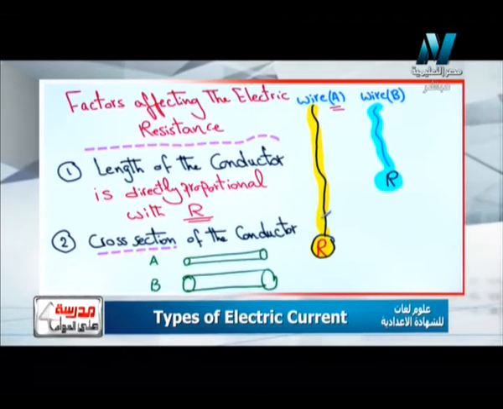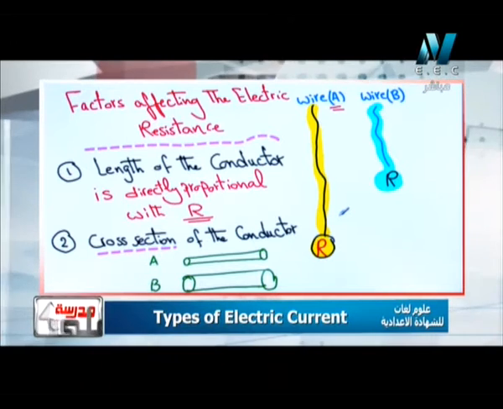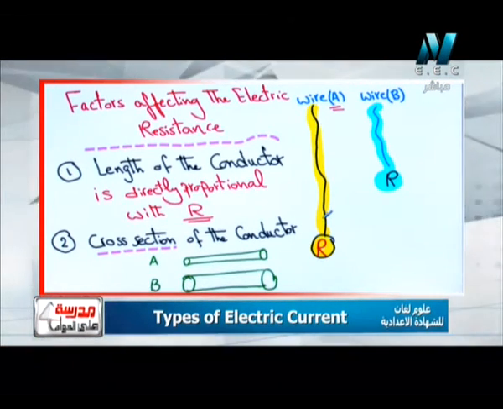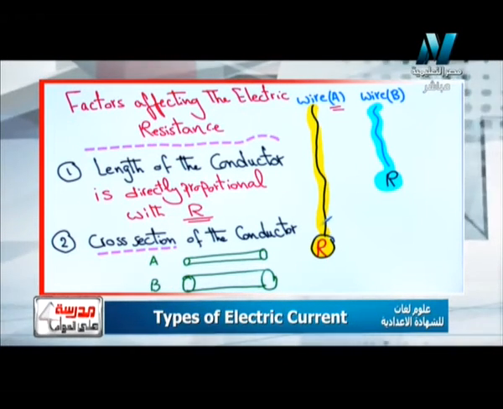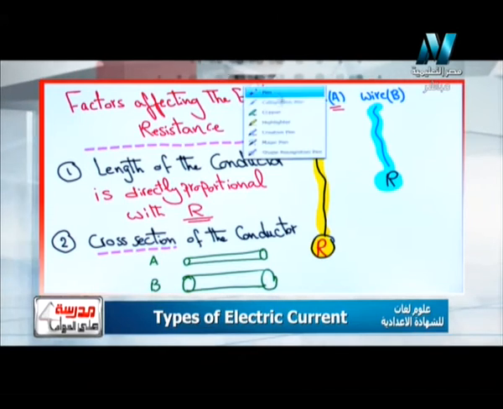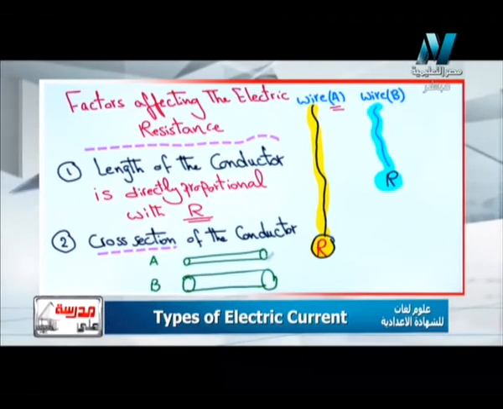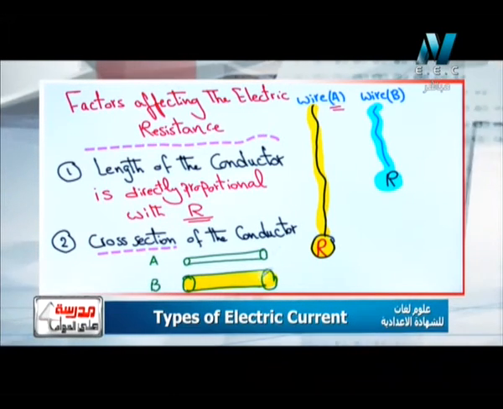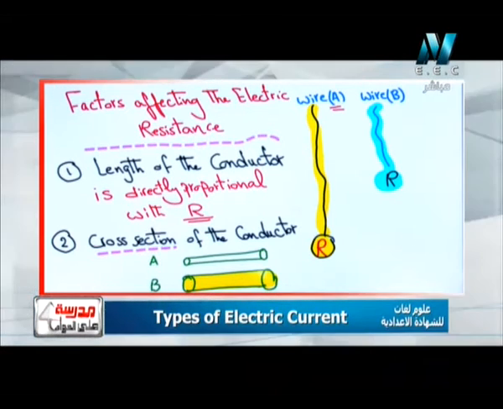Of course, if we move in a narrow street it's more difficult than in a wide street. So if the cross section increases, the electric resistance decreases, meaning it is easier to move in this wire.